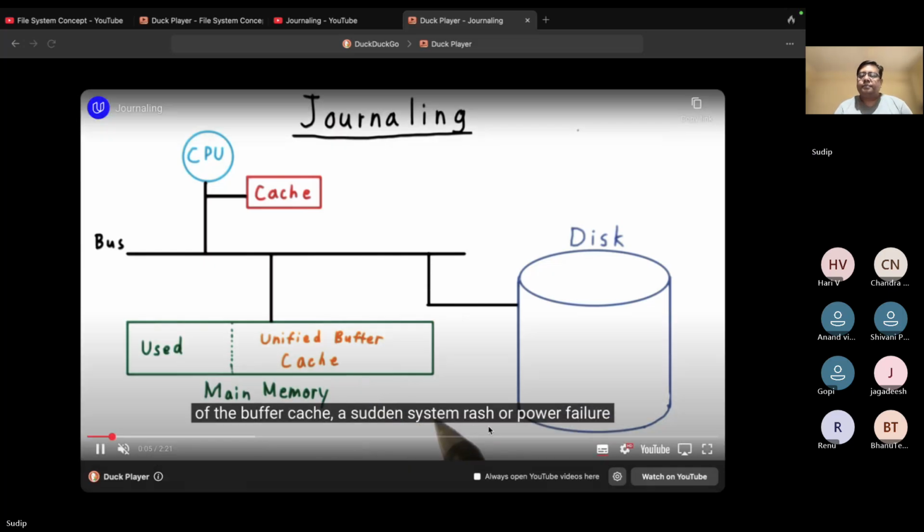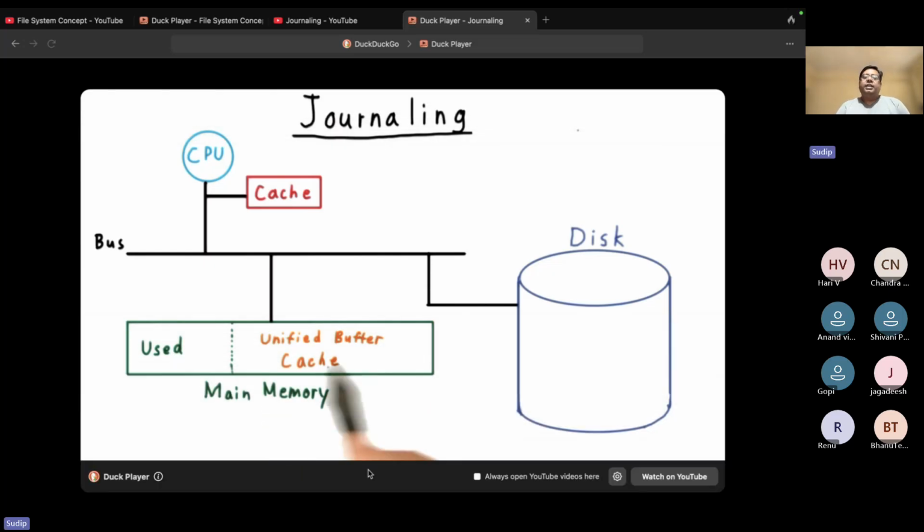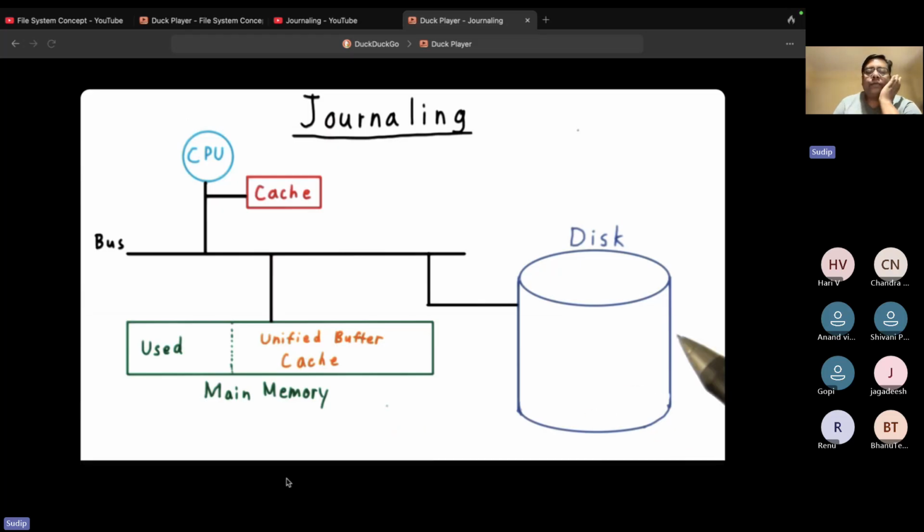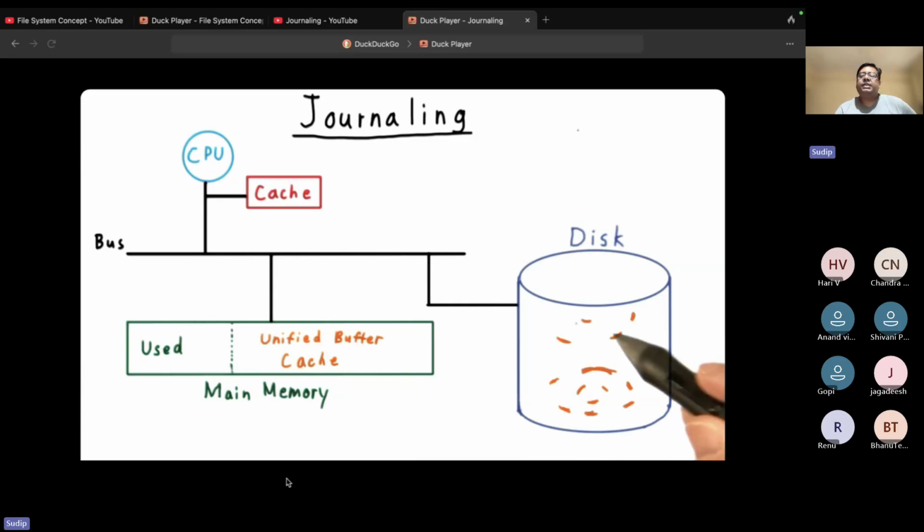So journaling is an advanced mechanism of understanding the physical to logical mapping of where data is stored on a physical hard drive. Okay. And how the memory is used to effectively journal the data that is being written or read from a hard disk.